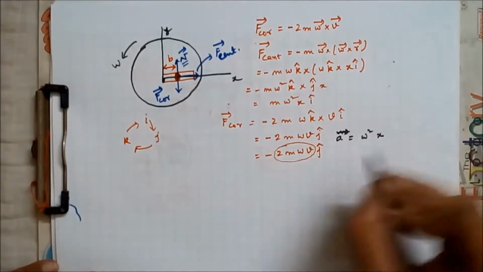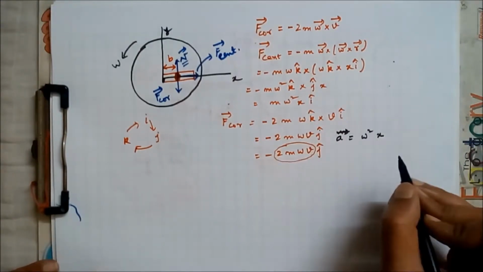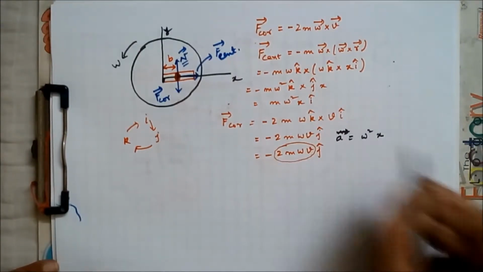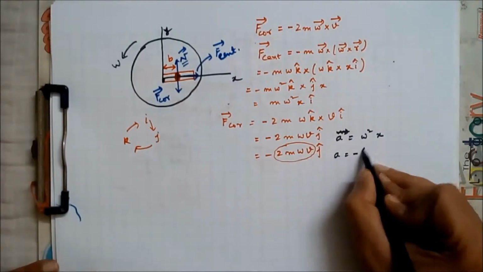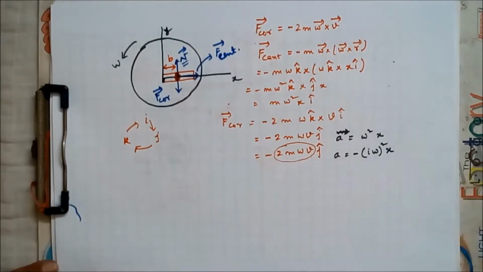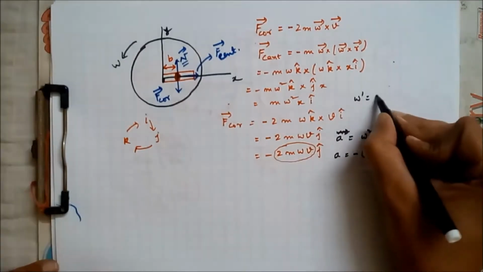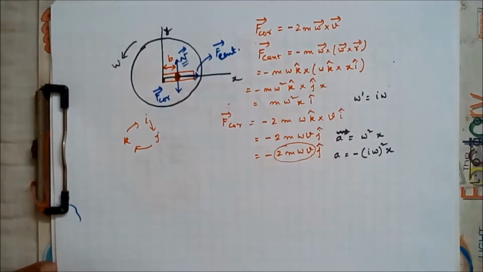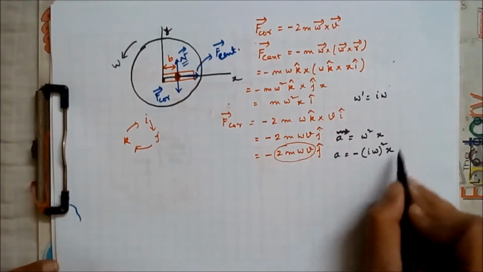Now this is almost like the formula for acceleration for a simple harmonic motion, where we have a negative sign. We can do that analysis if we assume another omega, which is omega primed, which is a complex number, which is i times omega. So we know the solution to this equation.